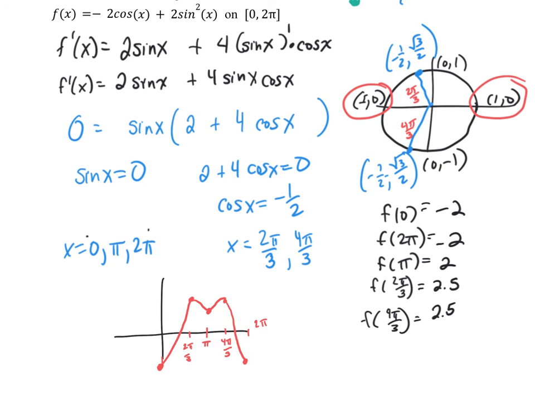The cool thing is, since it is a sinusoidal function, it does repeat itself. So it looks like a bunch of these things over and over again. I would encourage you to graph this on Desmos just to get a quick peek at what it looks like. But for this problem, the min is going to be at -2, which occurs at 2 different places, and the max is going to be at these 2 places.